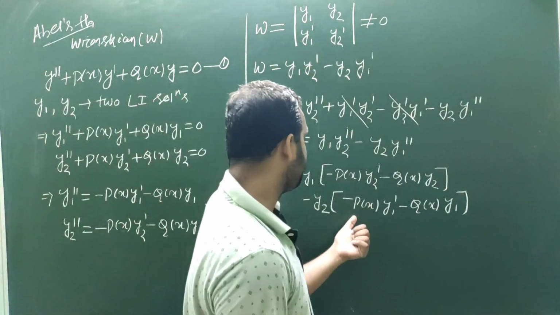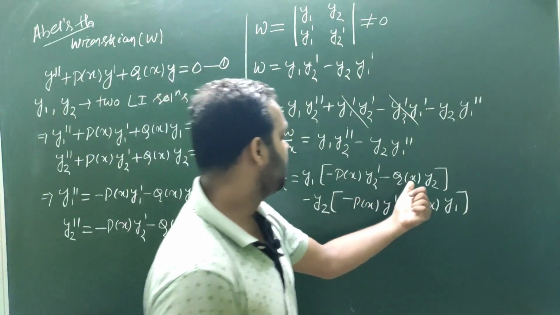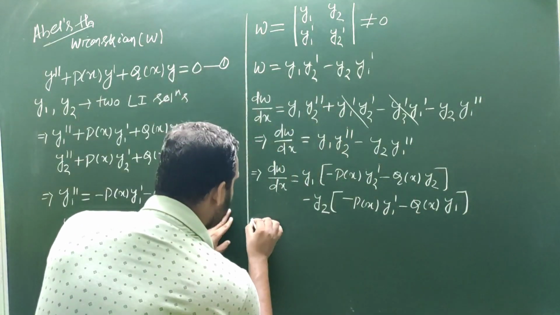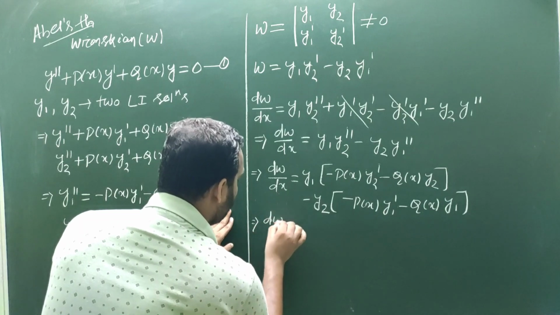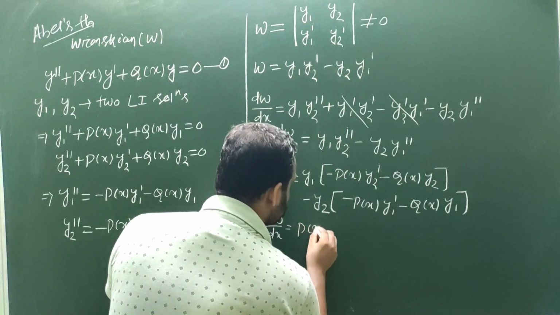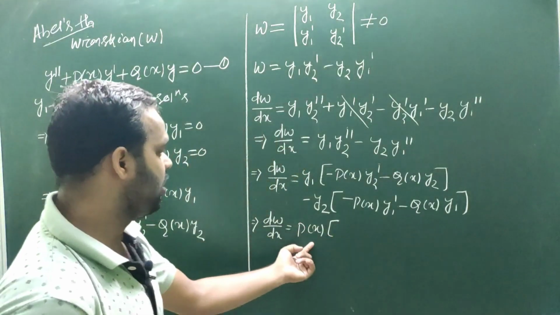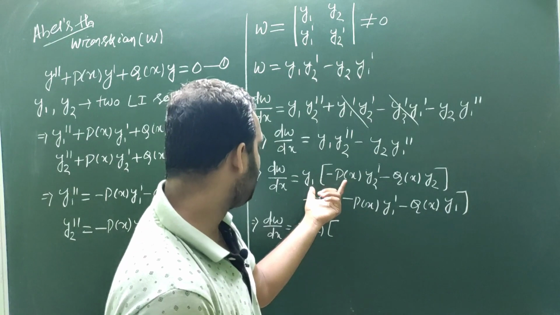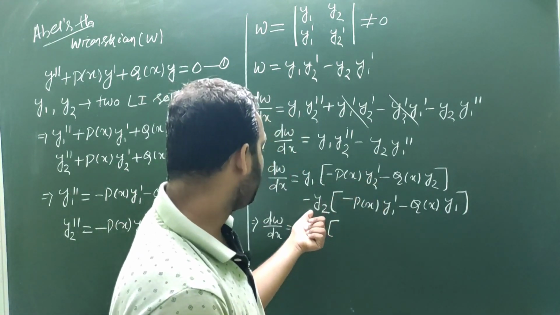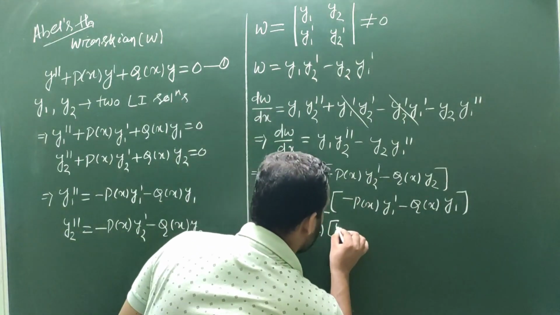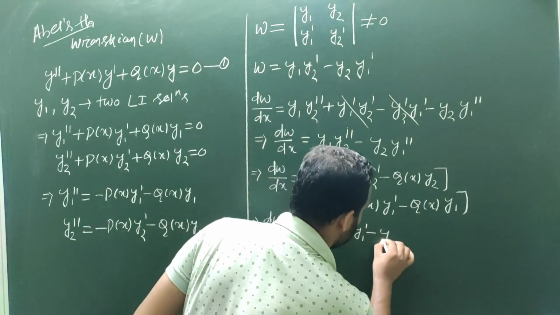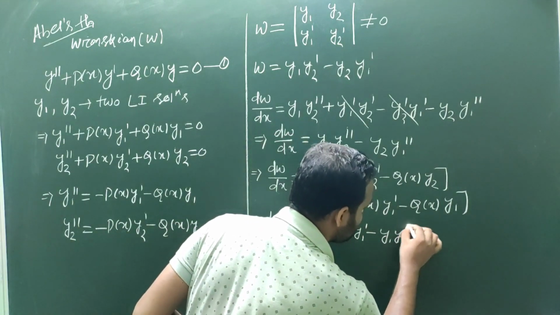Now p of x can be taken common from these two terms and q of x from these two terms. So finally you will get dW by dx is equal to p of x taken common. Taking p of x common, here you will get minus y1 into y2 dash, and here you will get plus y2 y1 dash. So we can write y2 y1 dash minus y1 y2 dash.